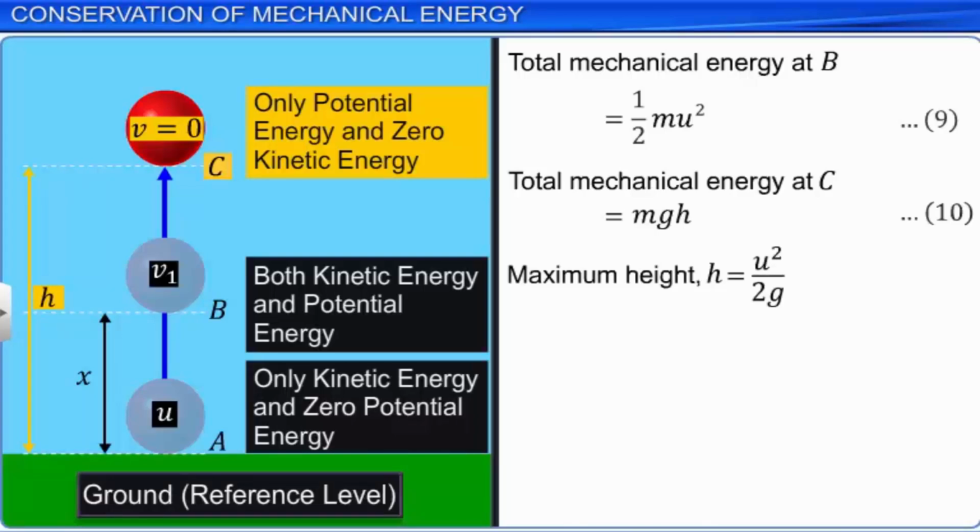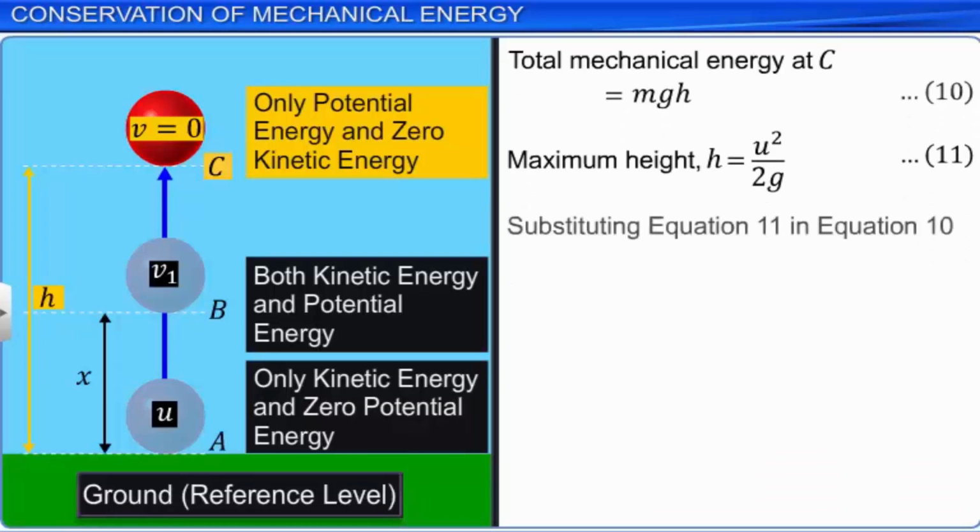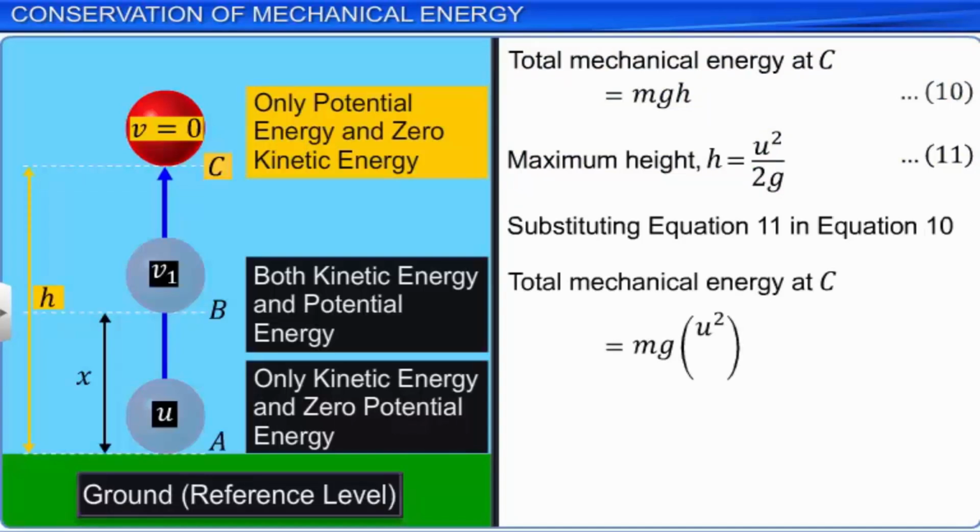Let this be equation 11. Substituting equation 11 in equation 10, we get the total mechanical energy at C is equal to mg into u² by 2g. And on simplifying, we get the total mechanical energy at C is equal to half mu². Let this be equation 12.